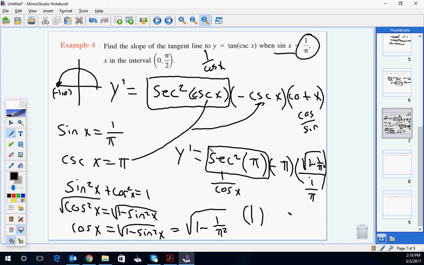Okay, so then essentially we have to put the pi here. We're running out of room. This is over 1, so the pi goes in the bottom.